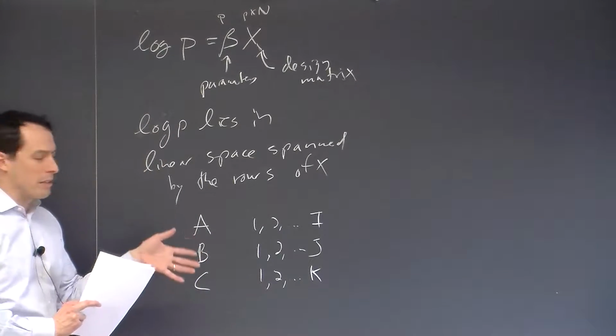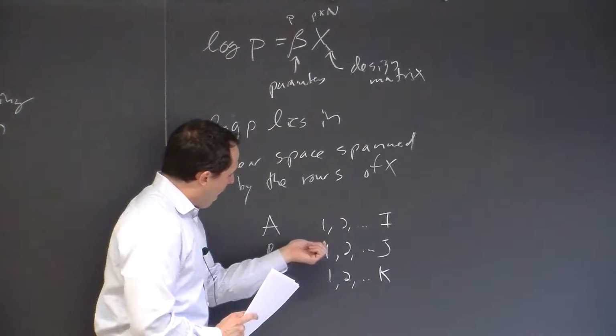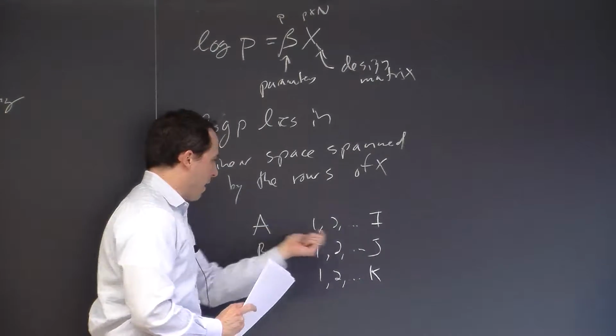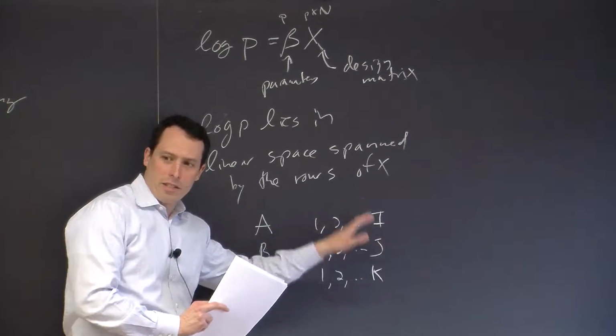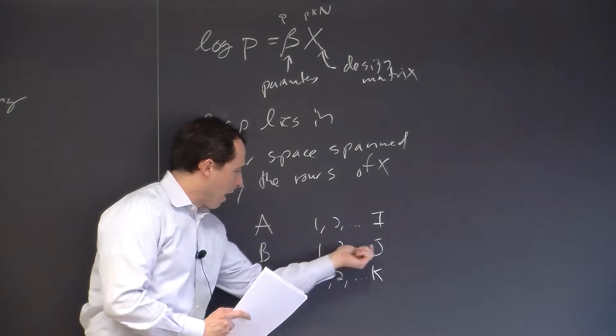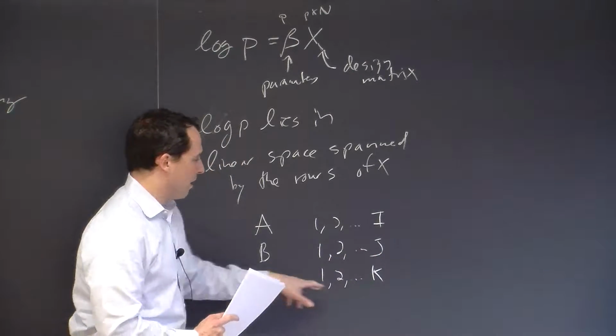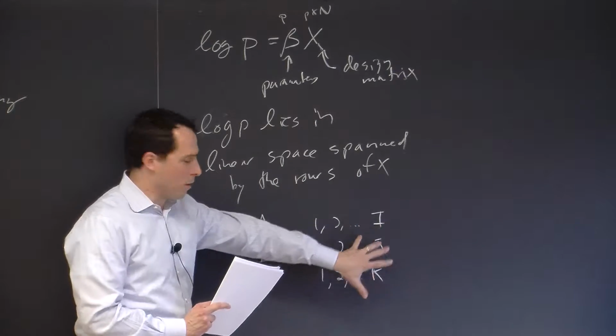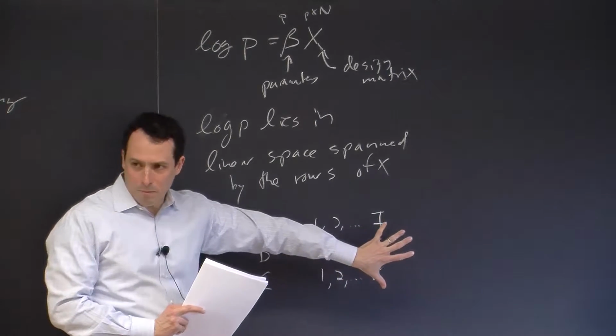If I'm only interested in the marginals, I'm counting how many times I saw a 1 for A, how many times I saw a 2, marginalizing the others. For B, how many times did I see each of the outcomes for C? If that's the only thing I consider, what I get out is an independence model.